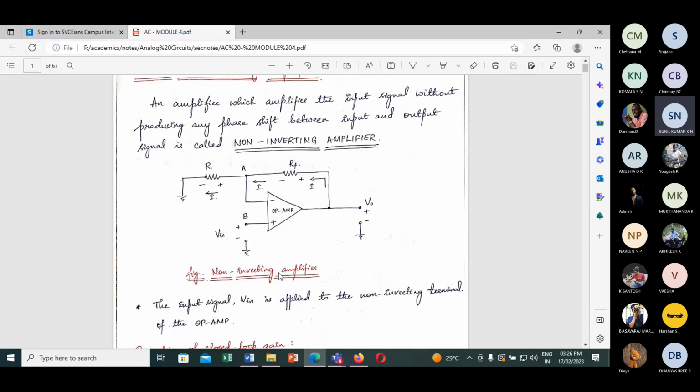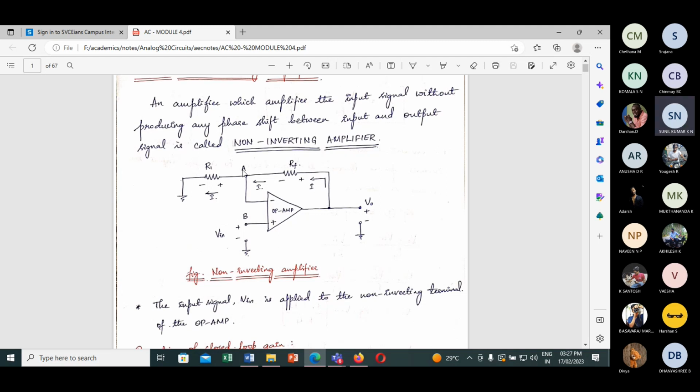The inverting terminal current is IB1 and the non-inverting terminal current is IB2, and they should be equal. Whatever voltage V in you apply at the non-inverting terminal, the same V in appears at the inverting terminal.